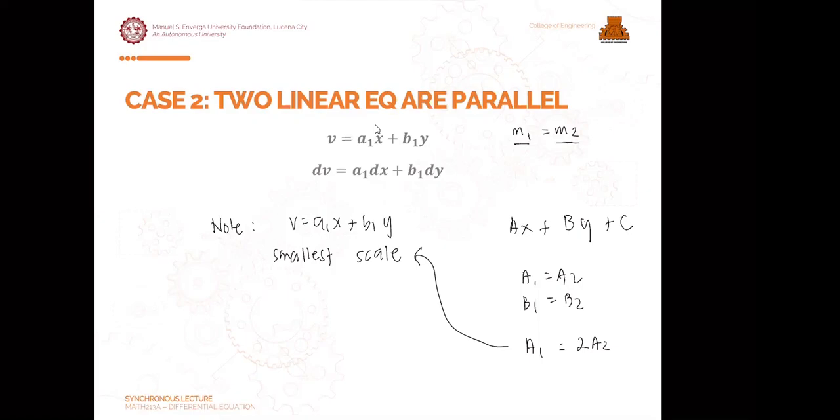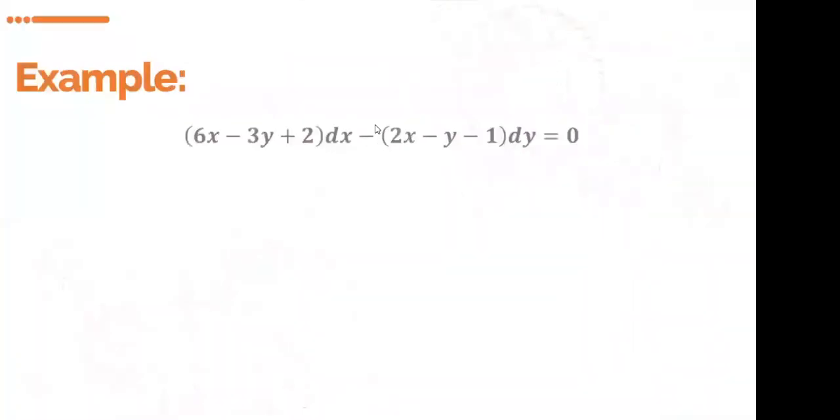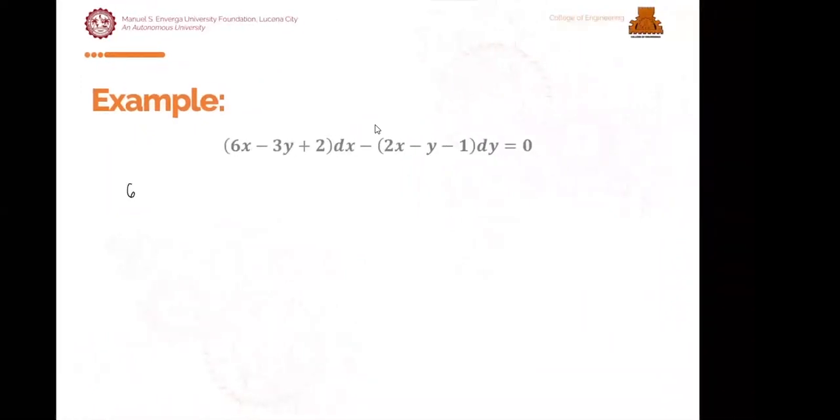Okay? So let's try. So ito yung given equation natin. So we have (6x minus 3y plus 2) dx minus (2x minus y minus 1) dy. Okay? So sa equation 1 natin, we have 6x minus 3y plus 2 equals 0. So yung m natin will be negative 6 over negative 3, or m natin is equals to 2.